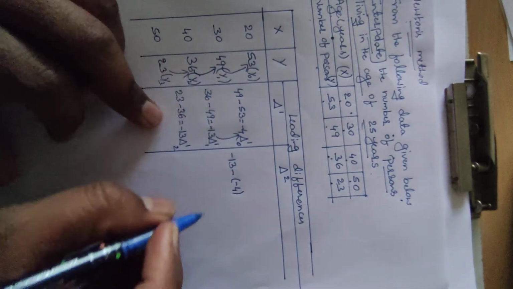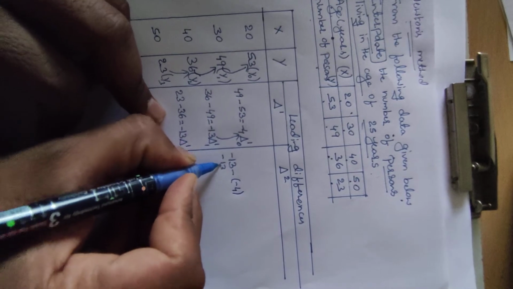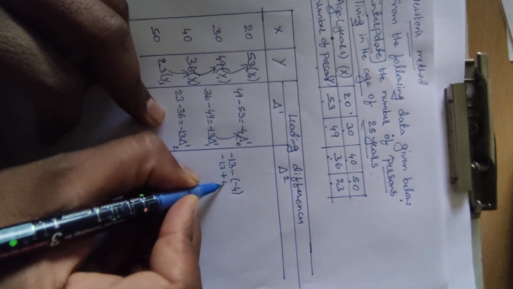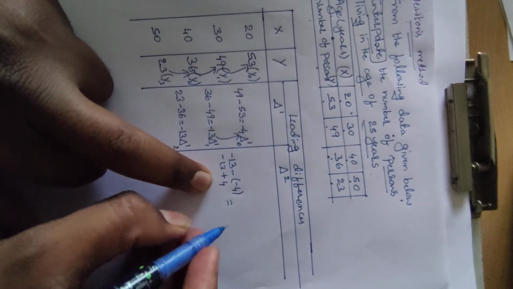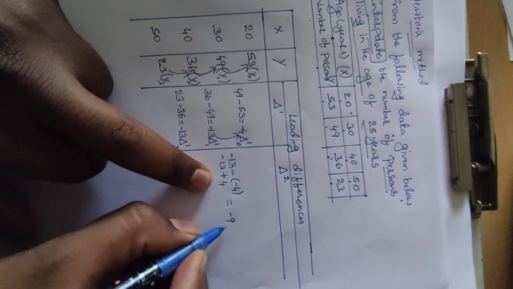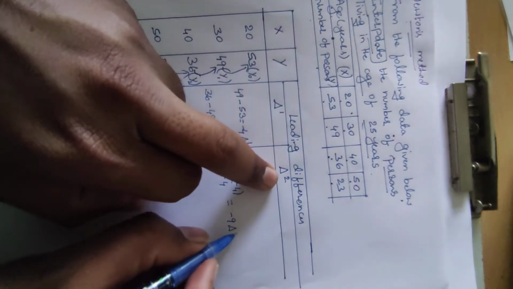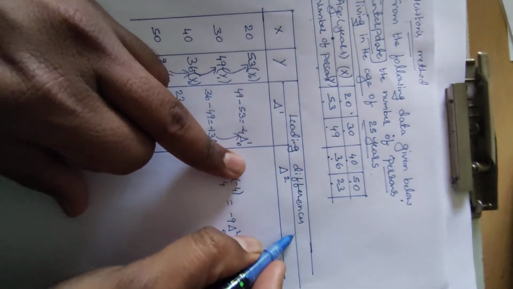Minus into minus is plus, so minus 13 plus 4 we will get minus 9. Delta power of 2, suffix 0.